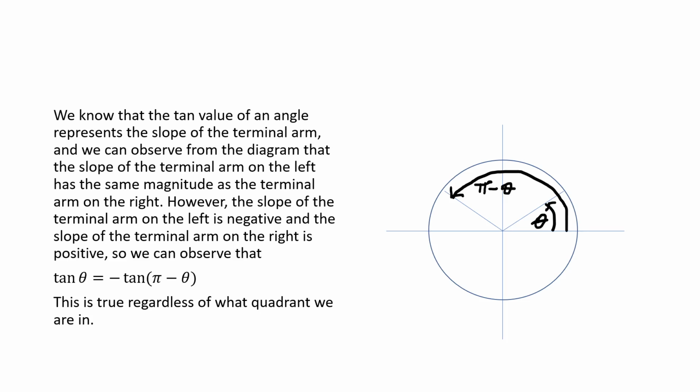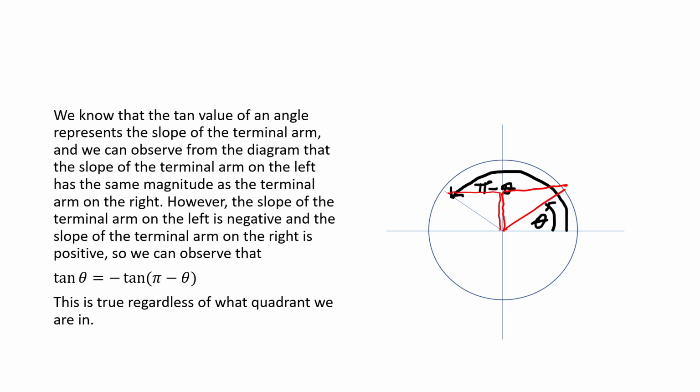And now let's look at the tan of an angle. Now we know that the tan of theta will be equal to the slope of that terminal arm, and we can see that the rise over run for the terminal arm on the right is equal to the rise over run of the angle on the left.